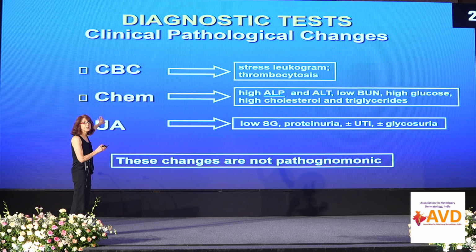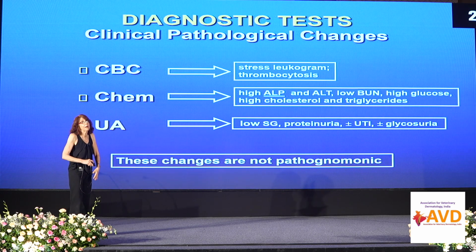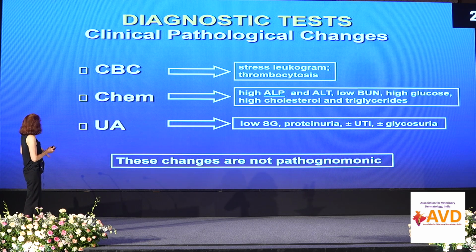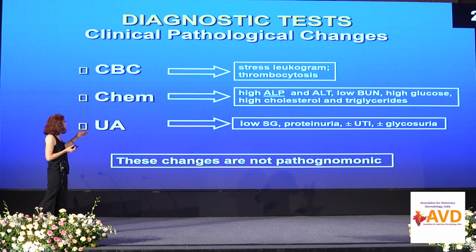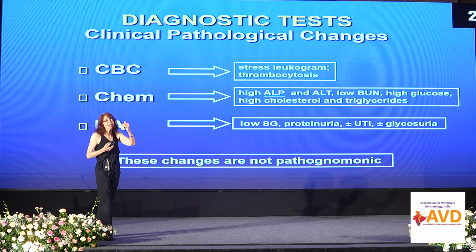Okay, CBC, stress leukogram, in a large percentage of dogs. And again, in almost all diseases, mainly systemic illnesses, you see a stress leukogram, so it's not specific at all. Chemistry profile, that, as you know, can help us. Increase in alkaline phosphatase can be glucocorticoid induced.